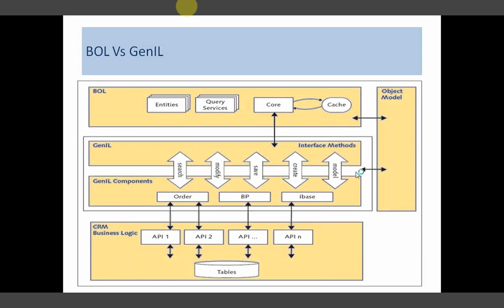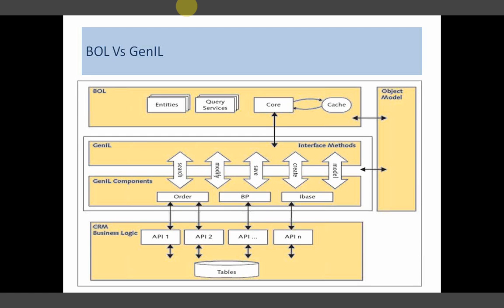We will leave this topic as of now. When we come to the programming part, we will discuss the model. But as of now, the BOL will be requesting to search the data, modify the data, save the data, create the data, and delete the data.